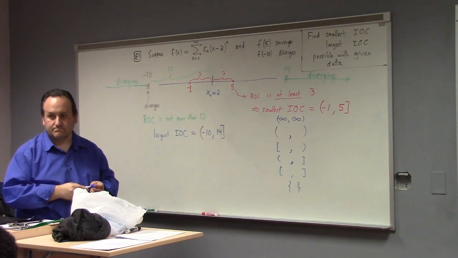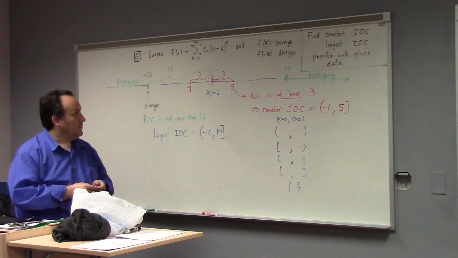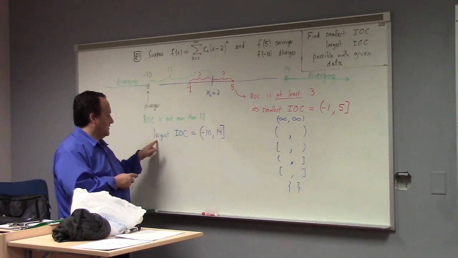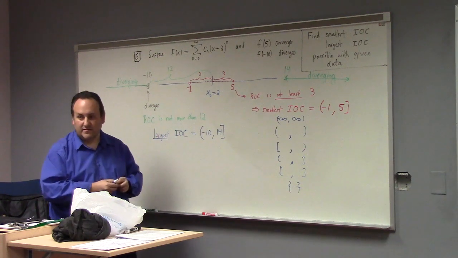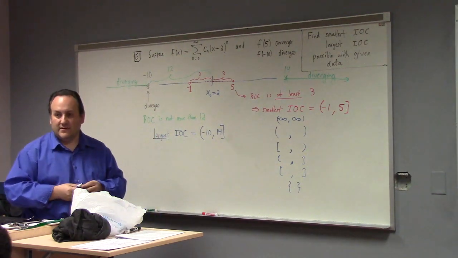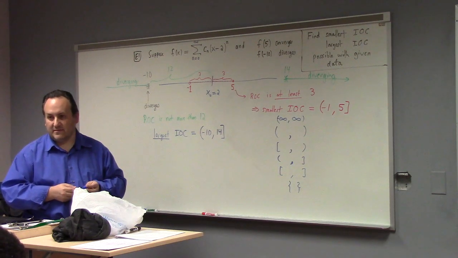So how do you know it converges at 14? Well, the question is, what's the largest? So the best it could happen is if it did include, I mean, we're asking what's the largest one? Largest possible one, so that could happen.